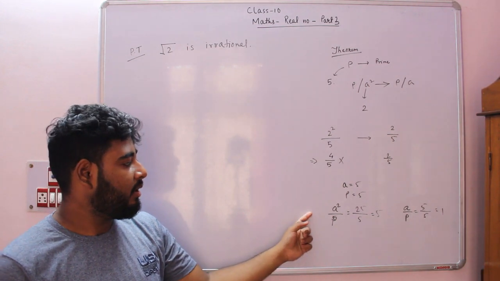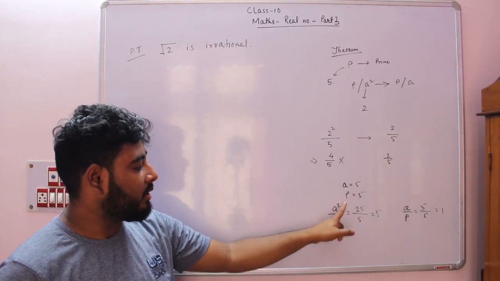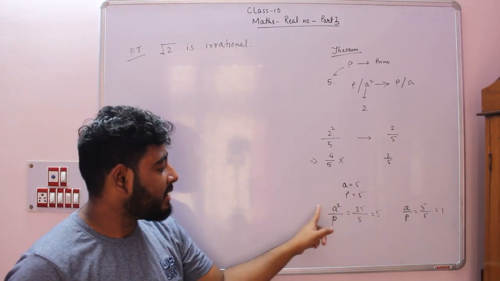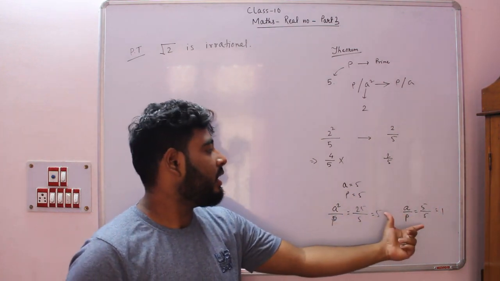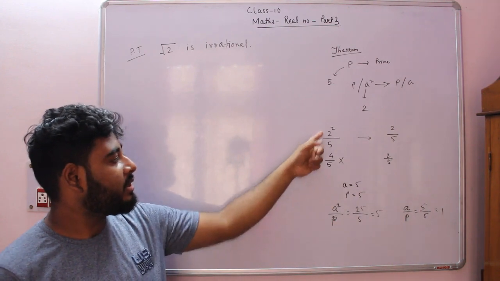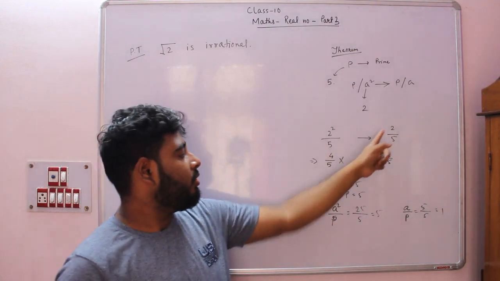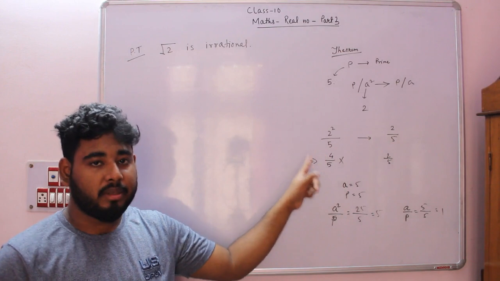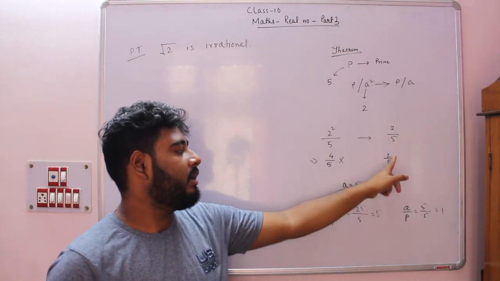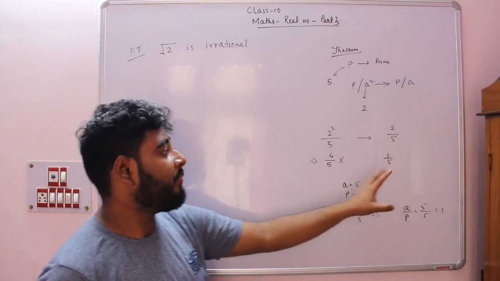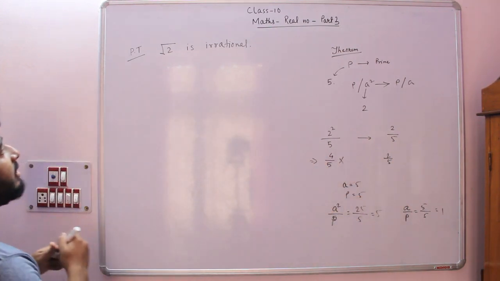We can see here if a square, that means 25, is divided by 5, then a will also be divided. So the remainder is 0 in both cases. But here 2 square is divided by 5, but 2 is also not divided by 5, that means you will not get a remainder 0 in either case. Keeping this in mind, we will start this.